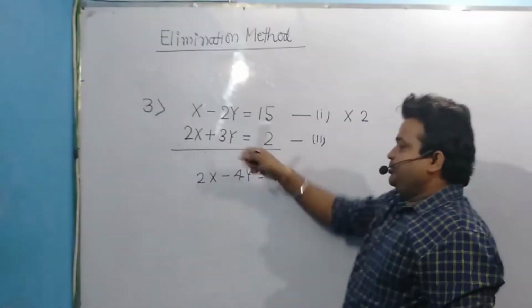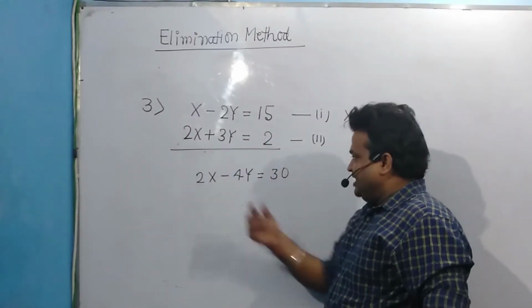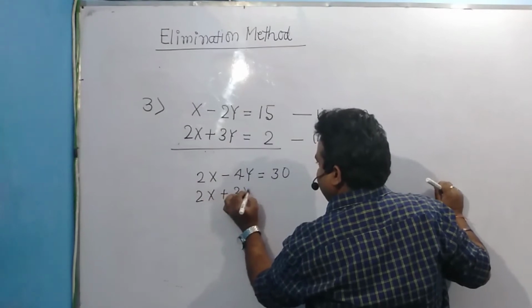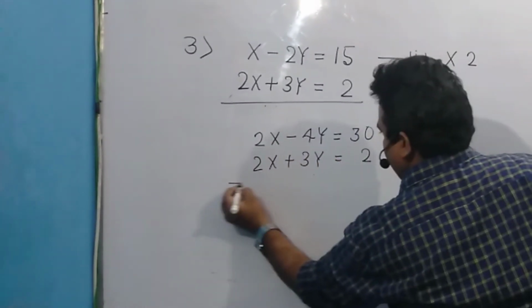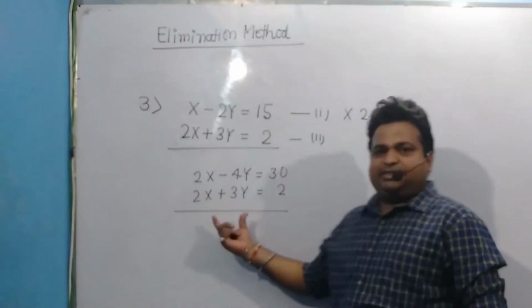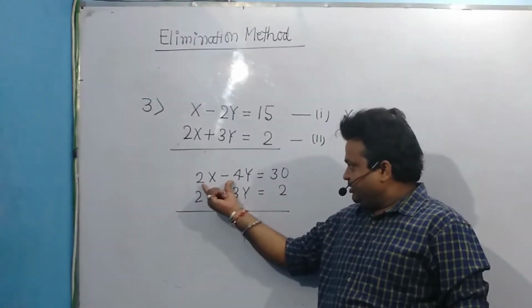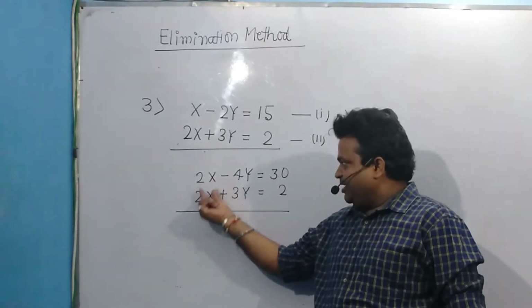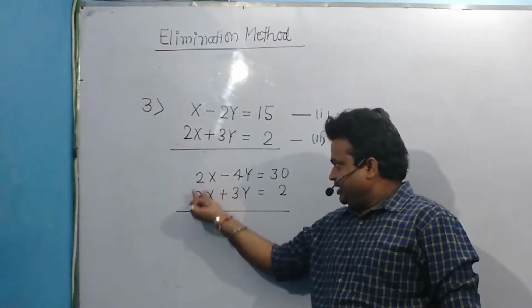Now I rewrite the second equation as it is: 2x plus 3y is equal to 2. Now in this third equation and equation number 2, the coefficient of x, this 2, is equal.